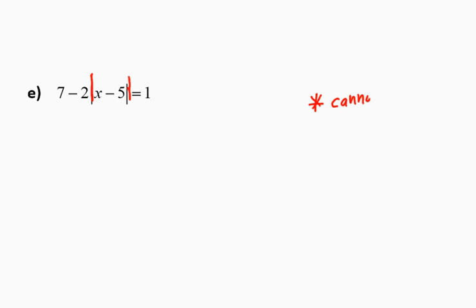Cannot subtract 7 minus 2. And the reason? PEMDAS. I would need to multiply my 2 first before I could subtract it from 7.